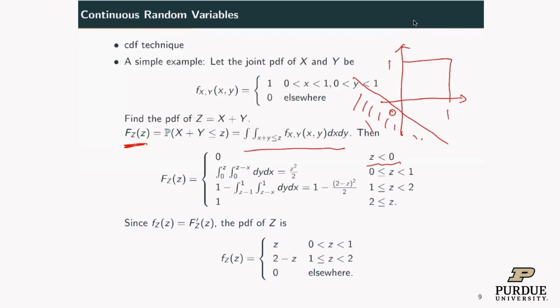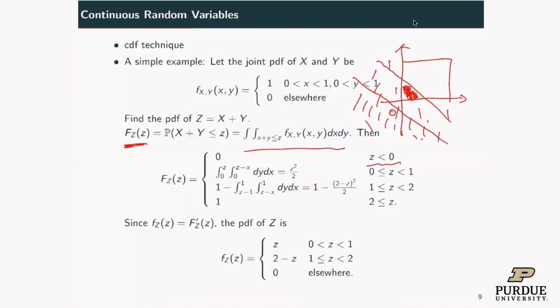Second, z between 0 and 1. That's x plus y equal to z. So x plus y less than or equal to z is this region. So the overlap is here. Now you can do integration from 0 to z, 0 to z minus x. So you get z squared over 2.